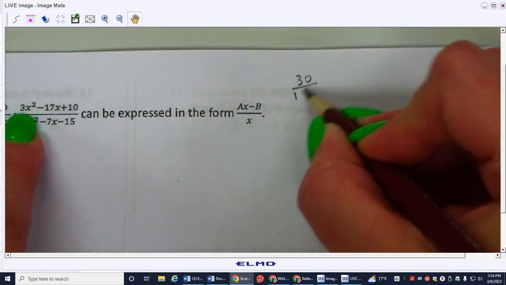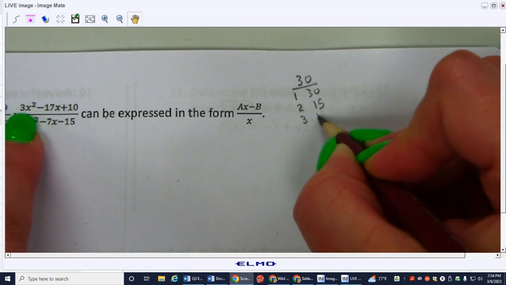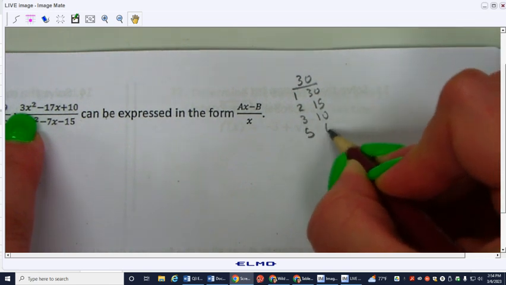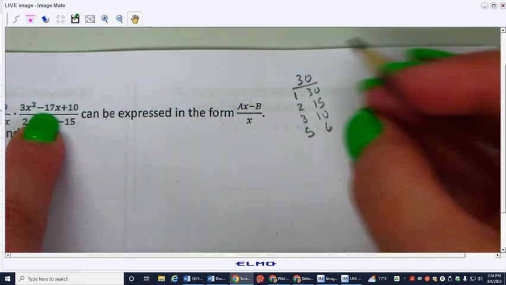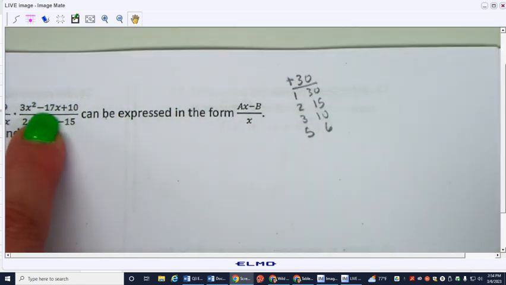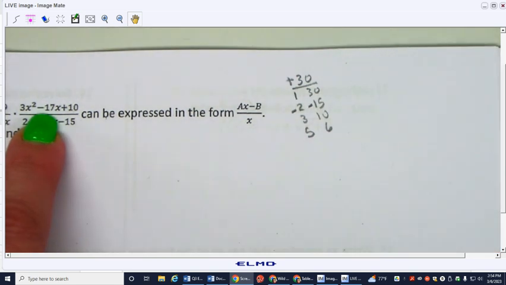My factors of 30 are 1 and 30, 2 and 15, 3 and 10, 5 and 6. I want a negative 17 in the middle, but a positive 30, which means my two numbers have to both be negative, so they multiply to a positive. 2 and 15, whatever order you want to say it in.